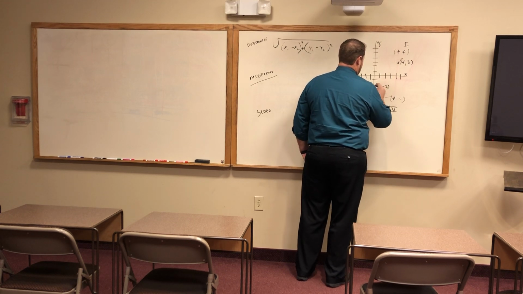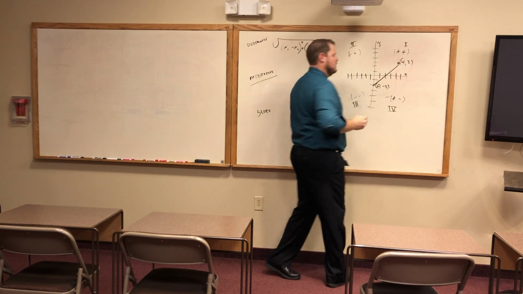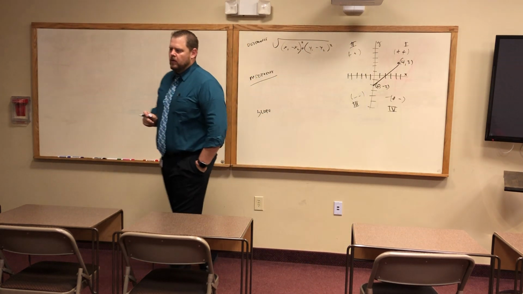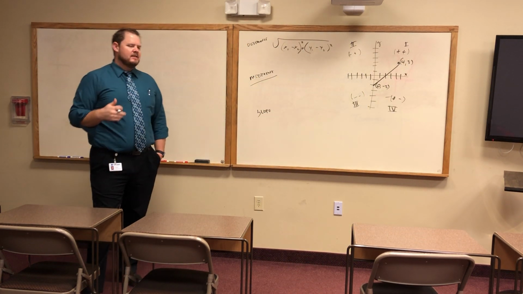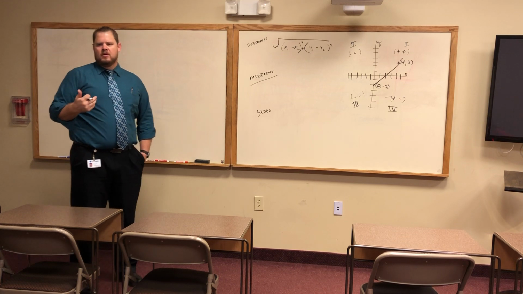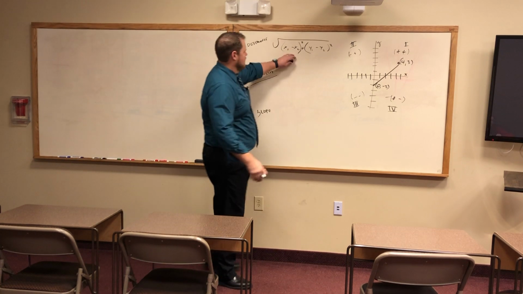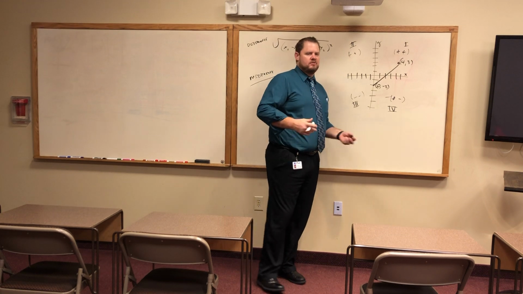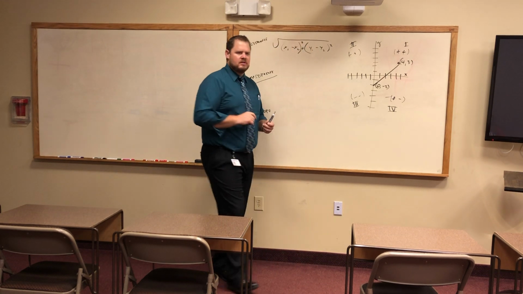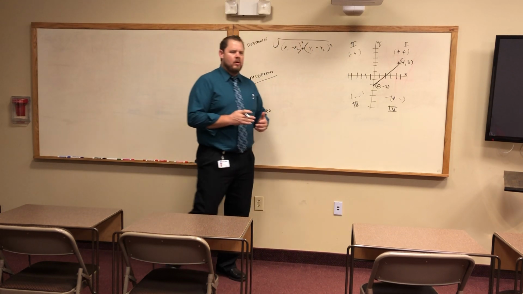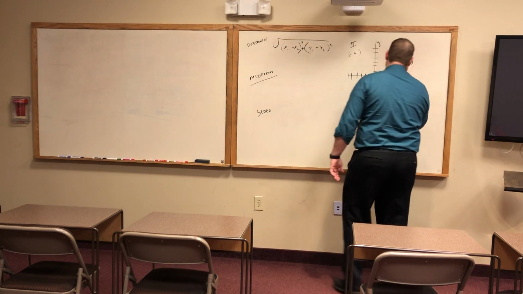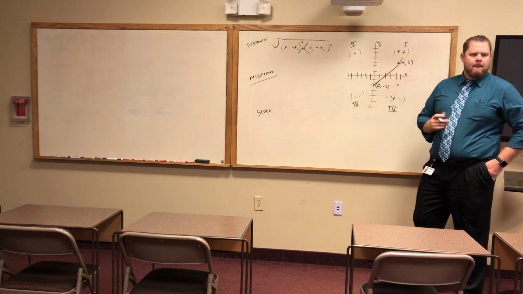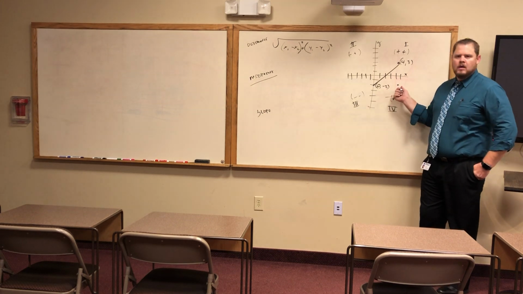All right, so looking at this line here, we're going to look for the slope. Now, remember, if I want the distance, you plug these numbers into this, and you plug and chug and do algebra. Now we're going to do what's called the midpoint. Would the midpoint be here? Would the midpoint be here? No, why not?